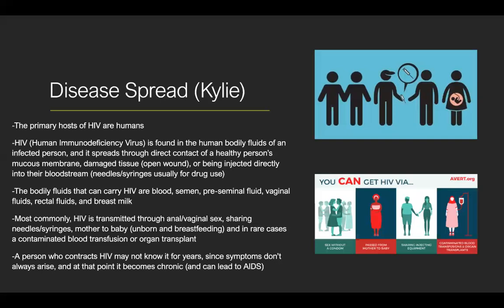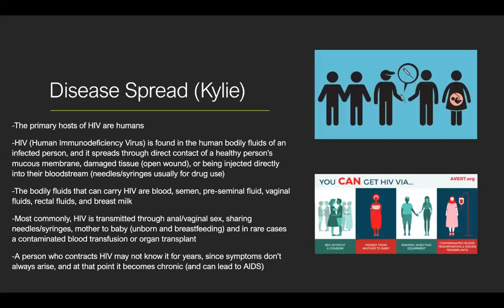So if a person is receiving a blood transfusion or organ transplant, and it is unknown that the blood is contaminated with HIV, they can get that disease through that contaminated blood or organ transplant. And a person who contracts HIV may not know it for years, since symptoms don't always arise. And at that point, it can become chronic and can therefore lead to AIDS.